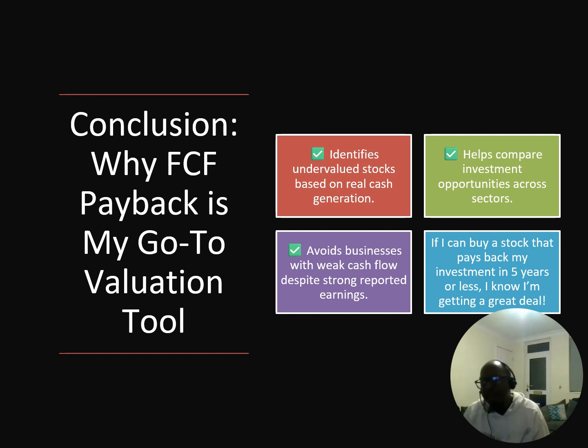I would rather have a business with weak earnings and high cash flow than vice versa. If I can buy a stock that pays back my investment in 5 years or less, I know I'm getting a great deal, so I usually go for that time frame. Or I will allocate more of my funds to companies that have a lower free cash flow payback.